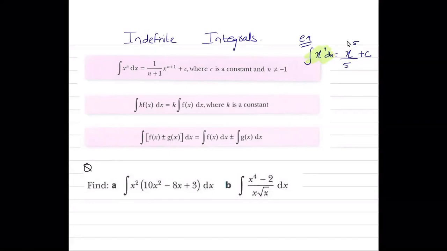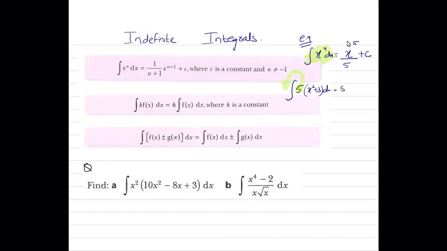Now, when you have a function, let's say x squared plus 3, and let's say it is being multiplied by 5. If you have this expression and you are being asked to integrate it, again, it's an indefinite integral because the limits are not associated with it. So whenever you have a scalar number being multiplied, you can take the scalar number outside the integral sign.